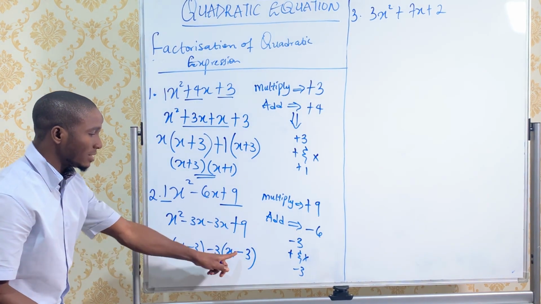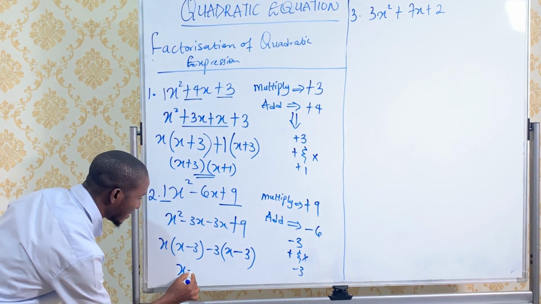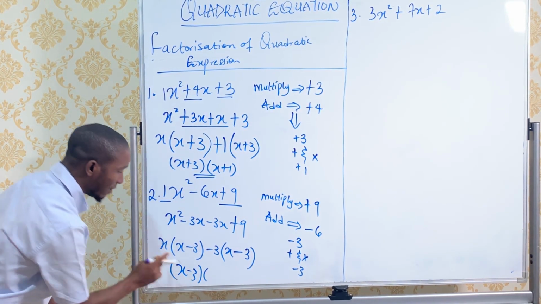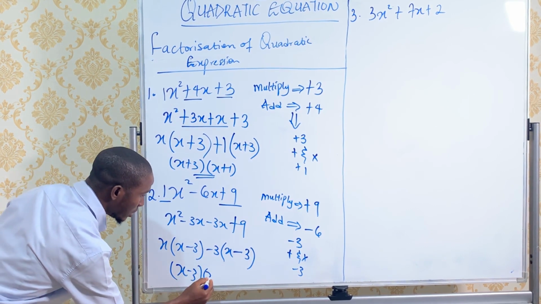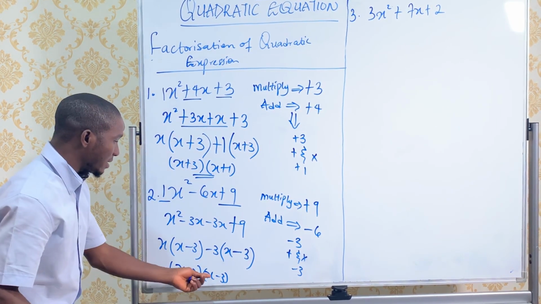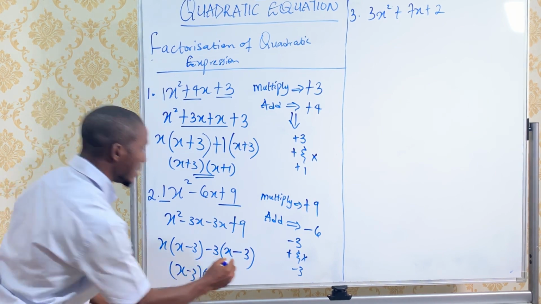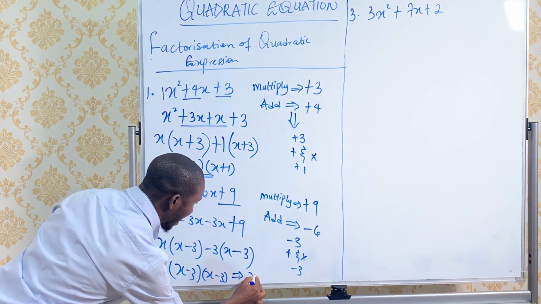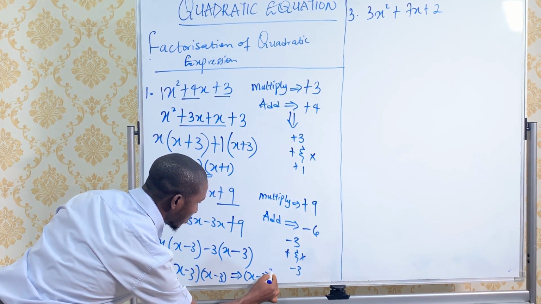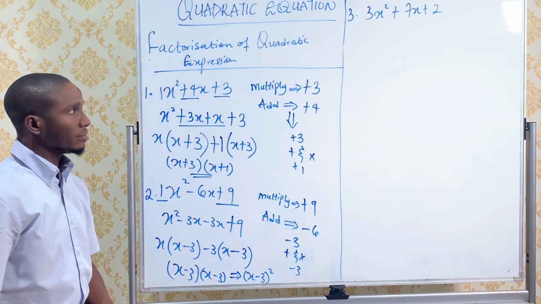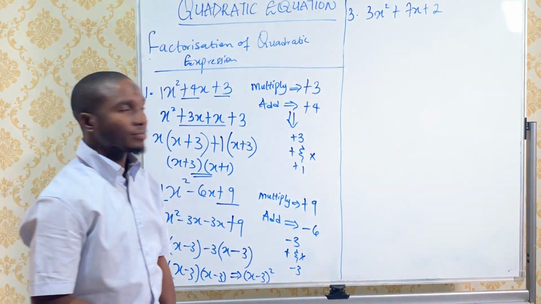Now, x minus 3 is on both sides. So we pick 1, x minus 3, and we also have x minus 3. This is the same thing as saying x minus 3 all squared.